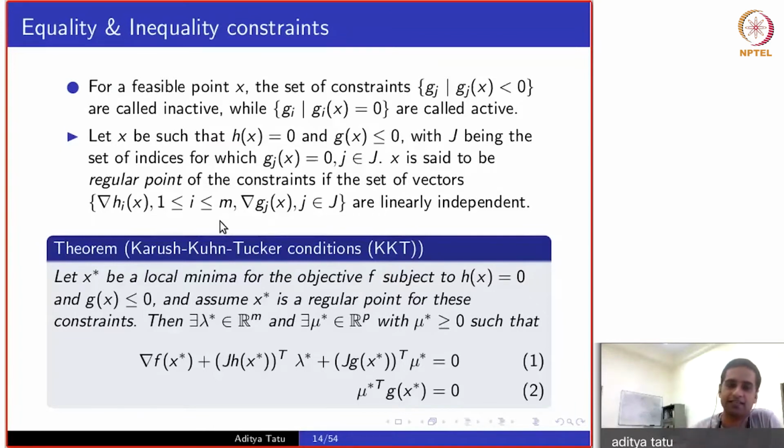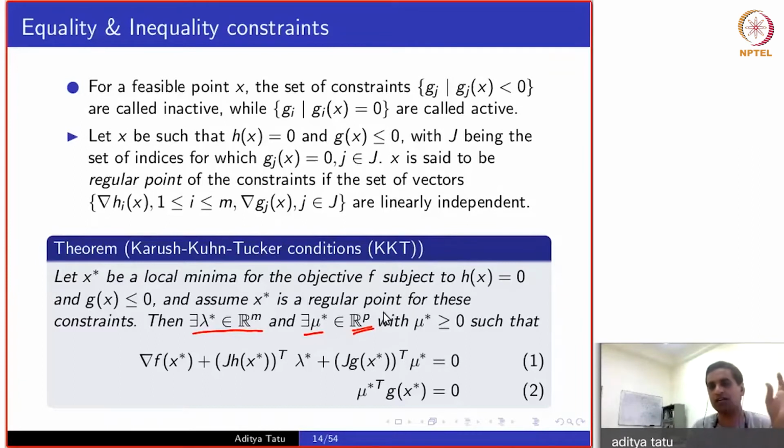Then there exists, once again it's important to realize that I'm talking about a particular vector, right? I'm not talking about any vector. There exists a particular lambda star, which is an m-dimensional vector because there are m equality constraints, and there exists another Lagrange multiplier vector mu star, which is p-dimensional because there are p inequality constraints.